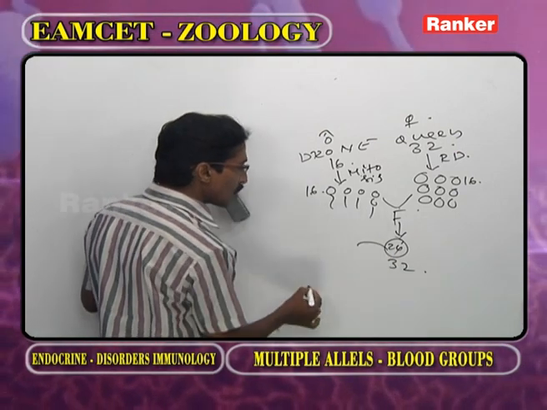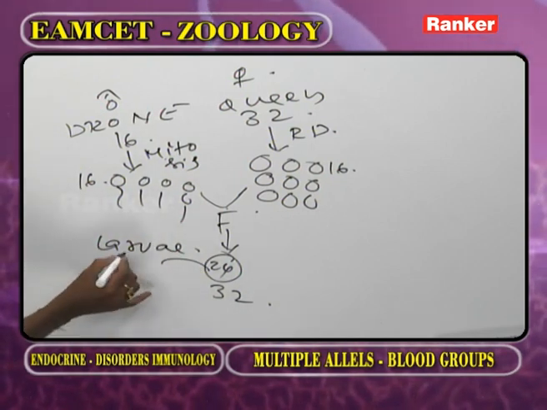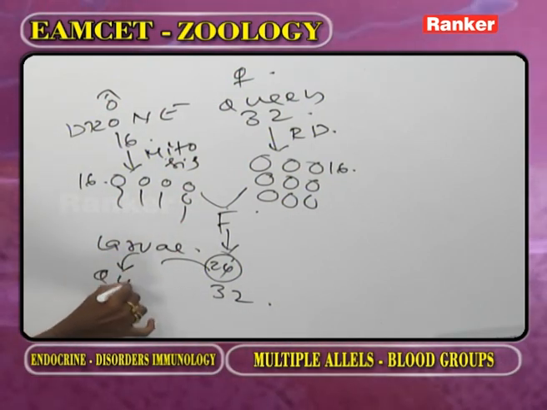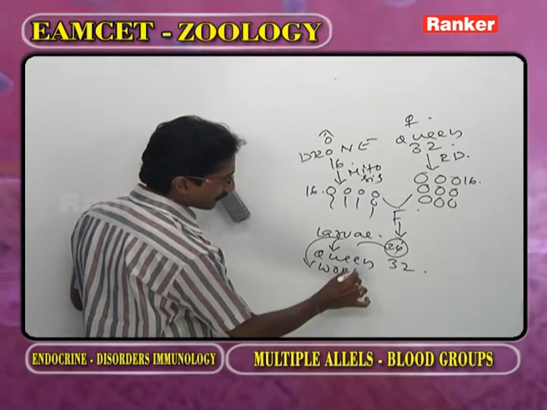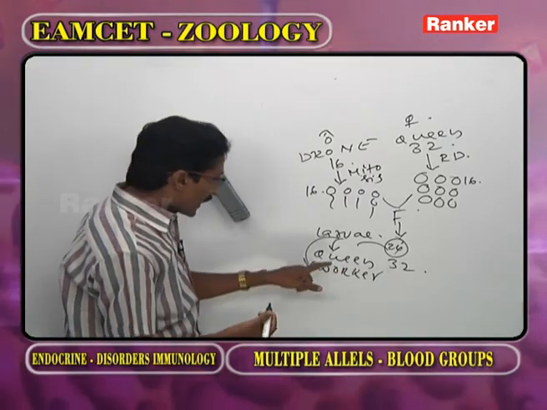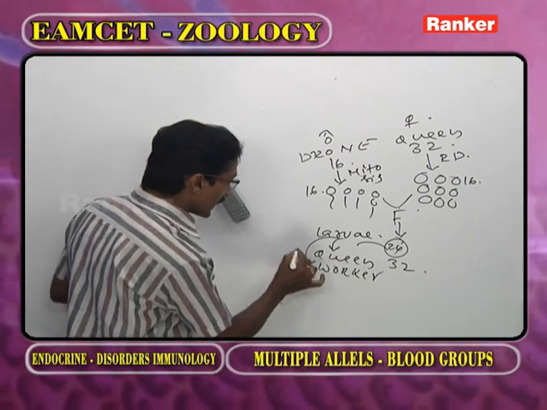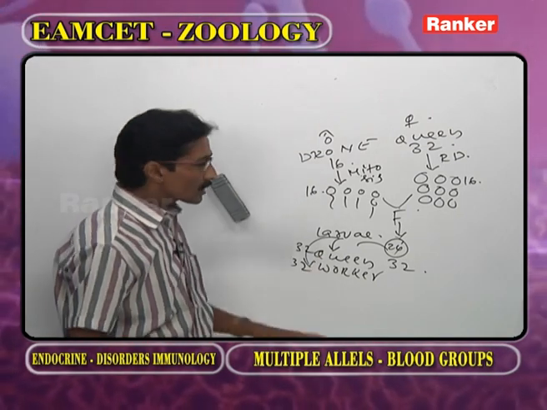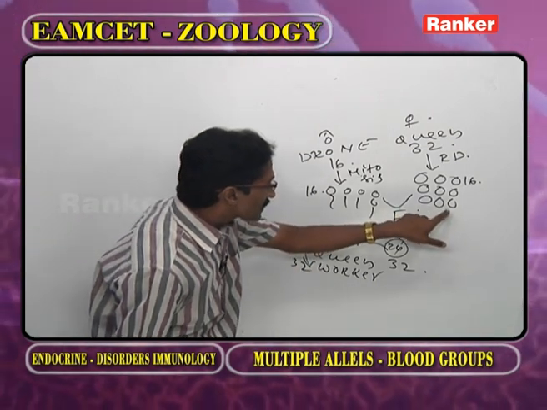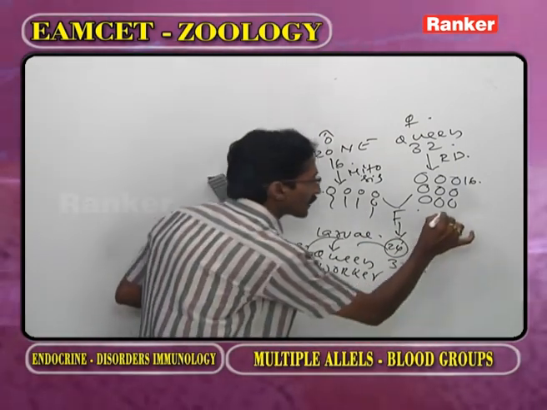Now the zygotes hatch out into the larvae. Some larvae will become the queen and some larvae will become the worker. The queen female, the worker female. Here queen 32 chromosomes, worker 32 chromosomes. So now here some ova do not fertilize with sperms.